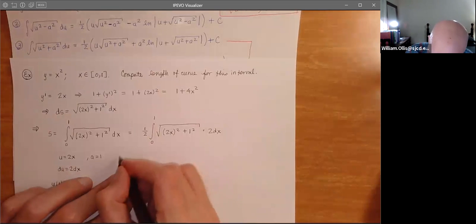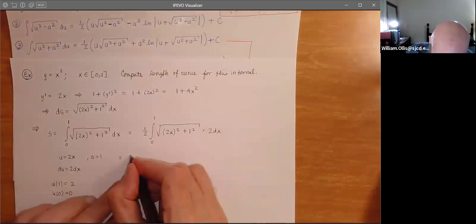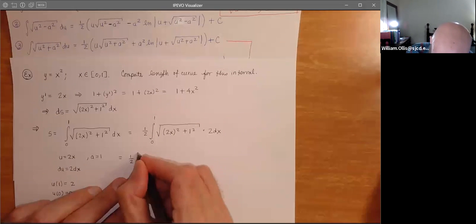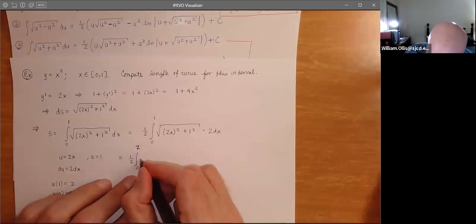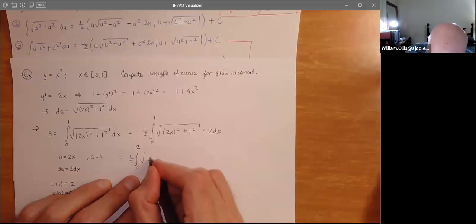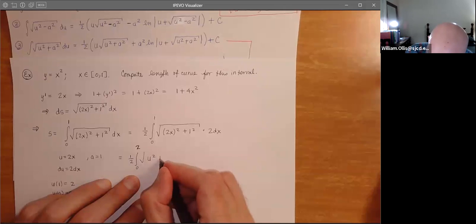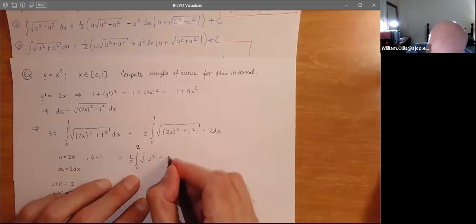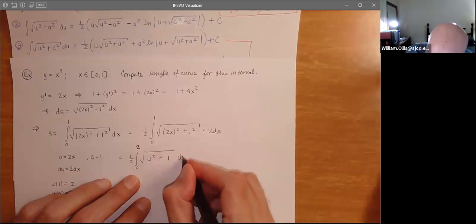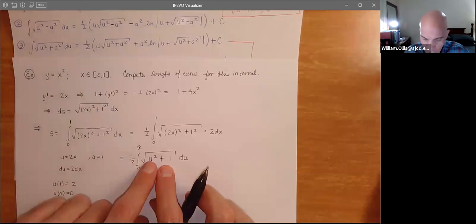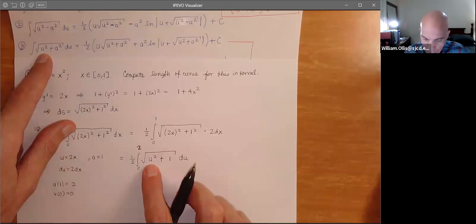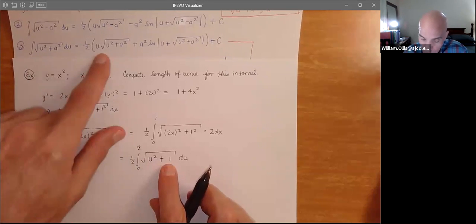So now we'll transform this. So this will be 1/2 the integral 0 to 2, square root of u squared plus, and of course now we have a 1, so we need to leave that as 1, du. So this is exactly this. That is, u is taken care of, and a is just 1. So now we just fill this in.